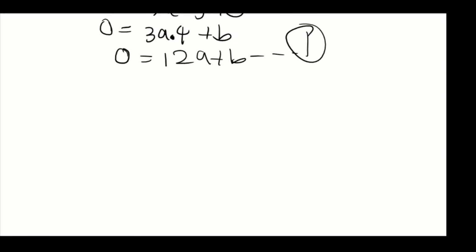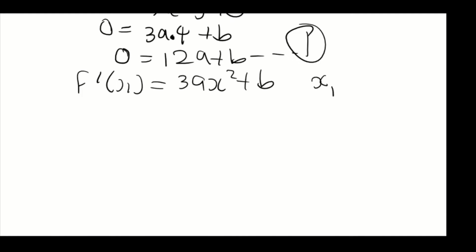So therefore we go back to our first derivative, which is equal to 3ax squared plus b. And we are told that the x value of the tangent is equal to 3, and the gradient of the tangent is equal to 15. So we're going to substitute that.